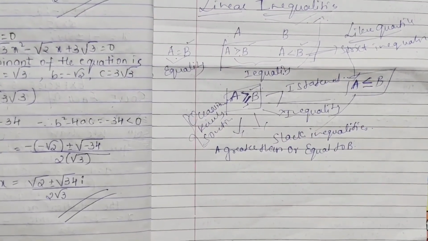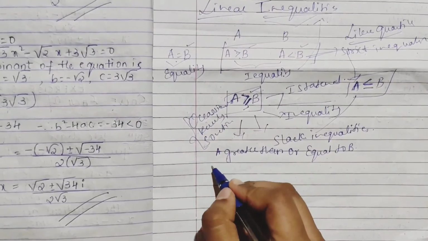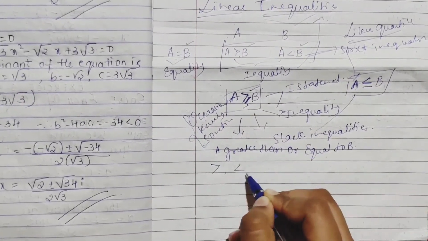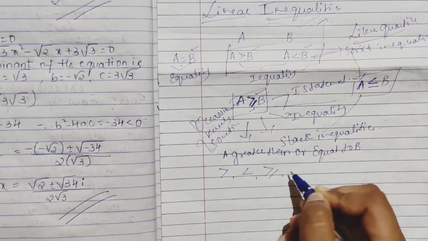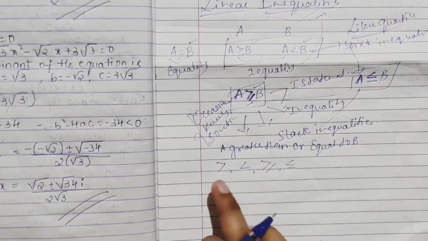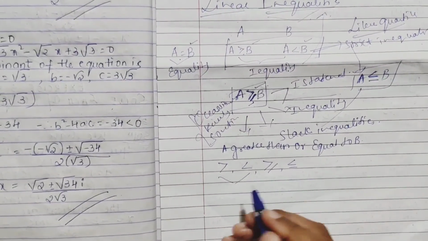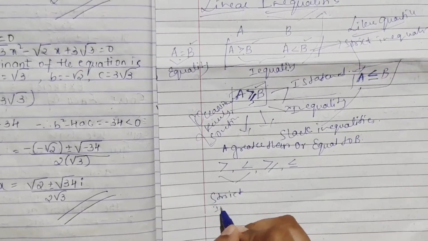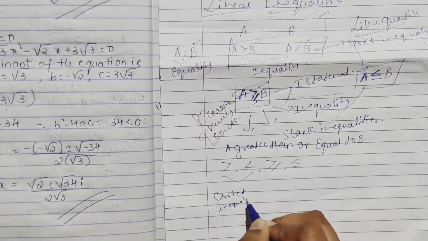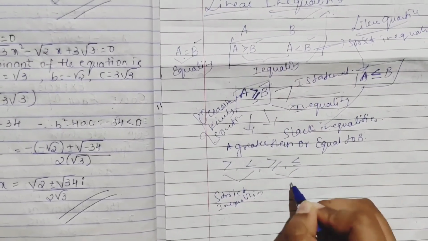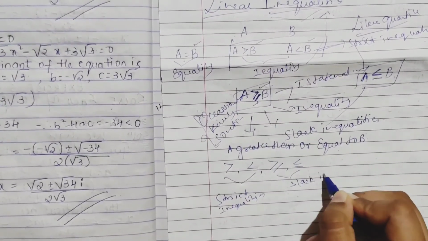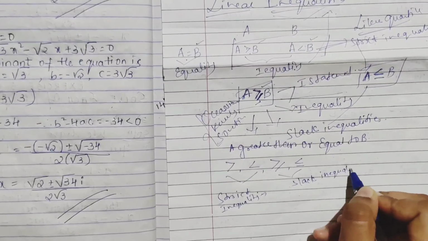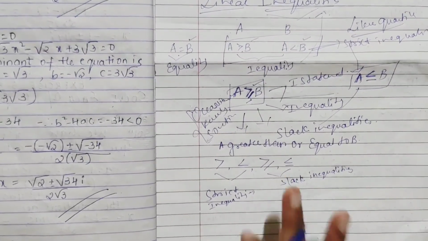So what all symbols do you have? One is greater than, one is less than, greater than or equal to, less than or equal to, right? These are your symbols. Greater than and less than are called strict inequalities, and the others are called slack inequalities. I hope this is clear for you.